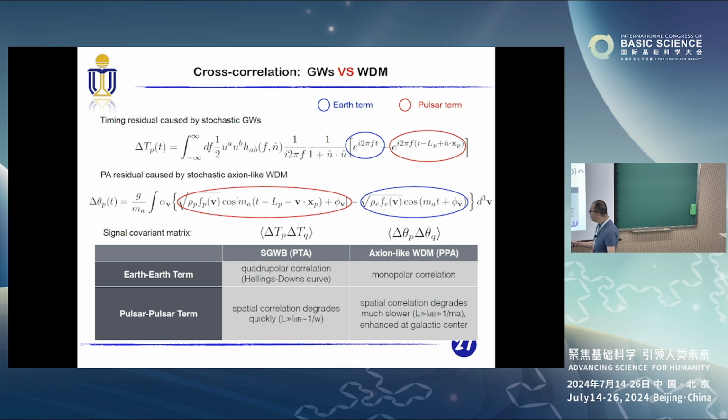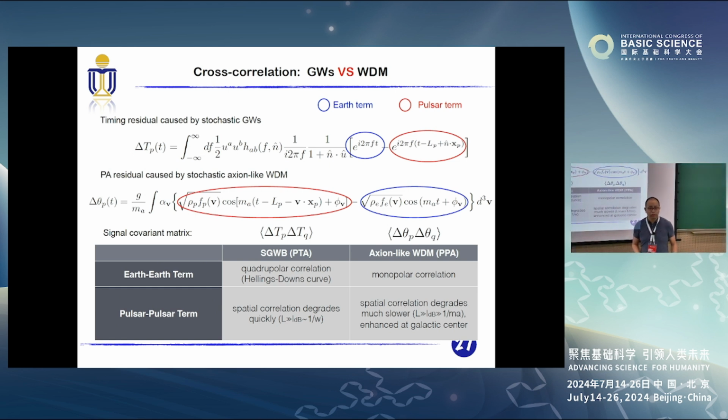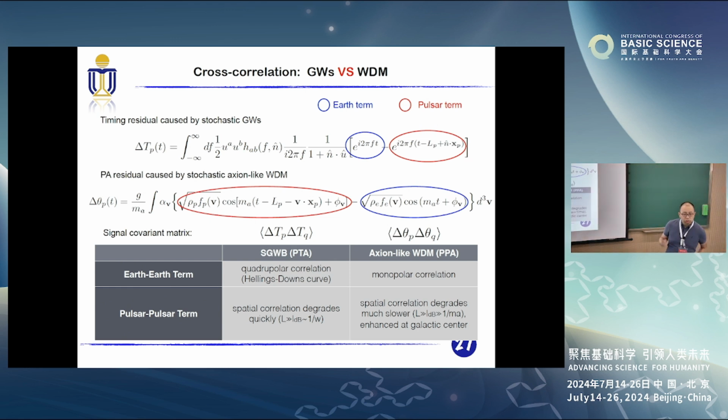And this interplay predicts exactly the Hellings-Downs curve known to us. But in this case, the interplay between the pulsar term and the pulsar term is less important. What is the reason? The reason is that the gravitational wave is relativistic.